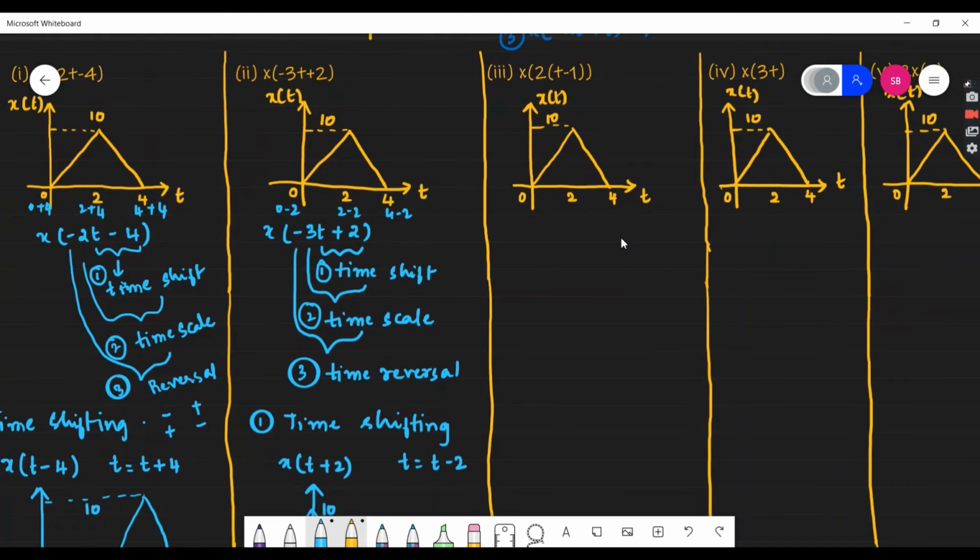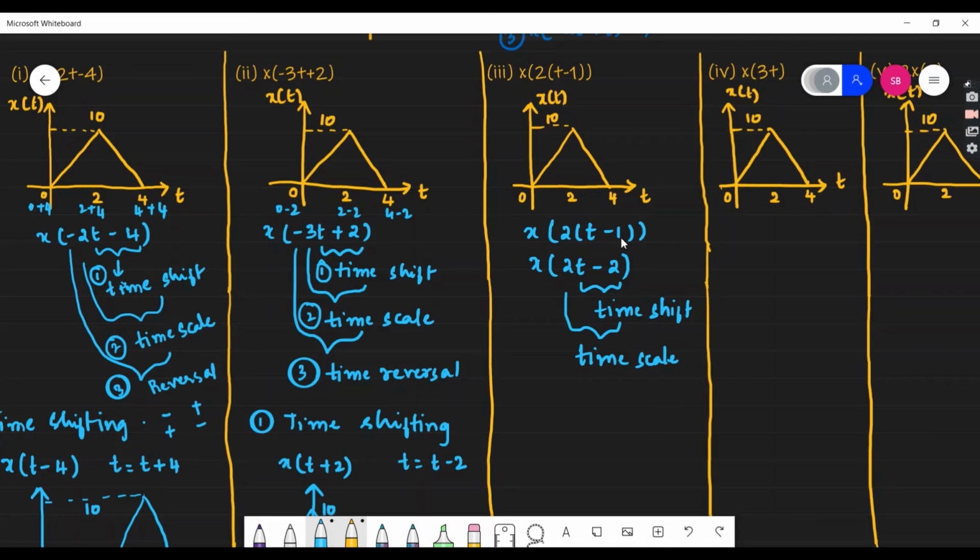The third one we have in terms of x of 2 into t minus 1. This can be further manipulated as x of 2t minus 2. Here, I have t minus 2, which is nothing but a time shift operation. Also I have 2t minus 2, which is a time scaling operation.